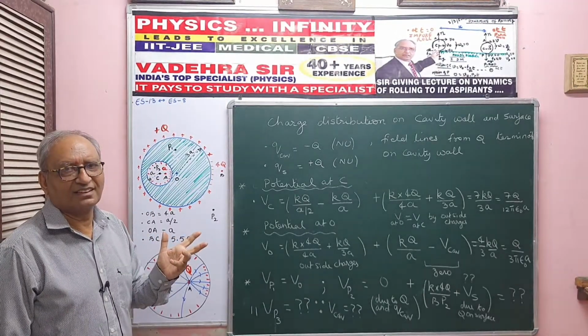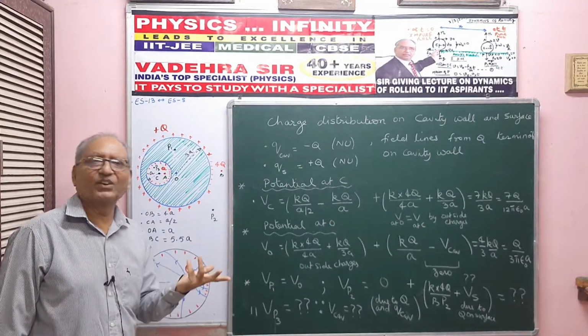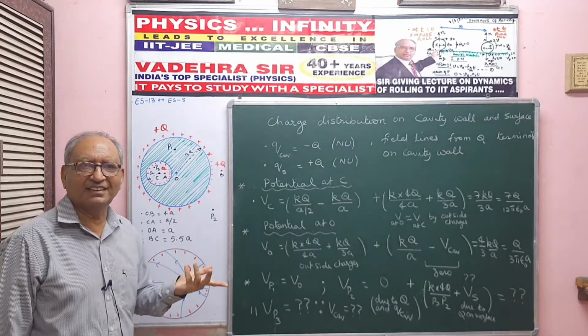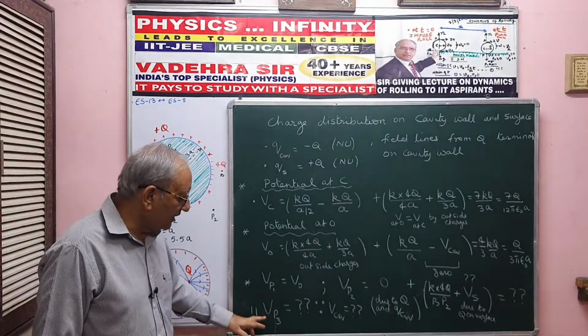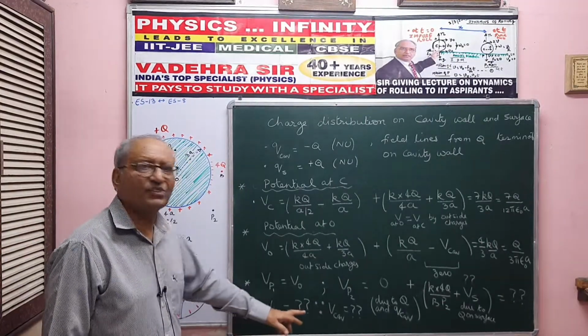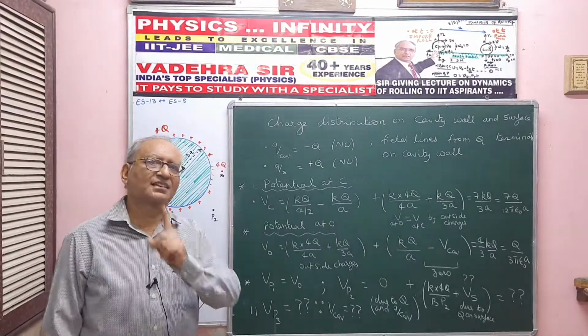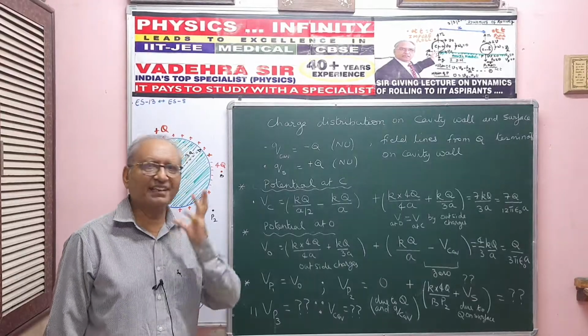But the contribution from the cavity wall, non-uniform distribution of the charge, non-uniform surface charge density, we can't do the integration, we cannot find. So I put Vp3 also as a question, basically because one particular charge, that is the charge on the cavity, is creating a problem.